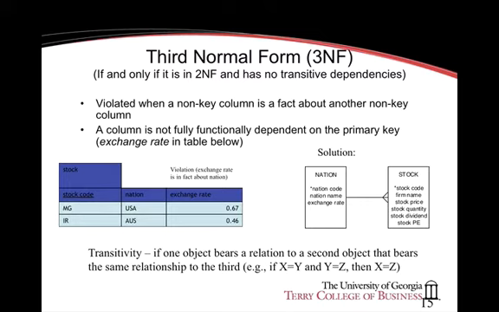Hence, to apply third normal form, we might need to move the street, city, and state to a new table with maybe the zip code as the primary key. But here are some examples using entities that we are already familiar with, such as nation and stock code.